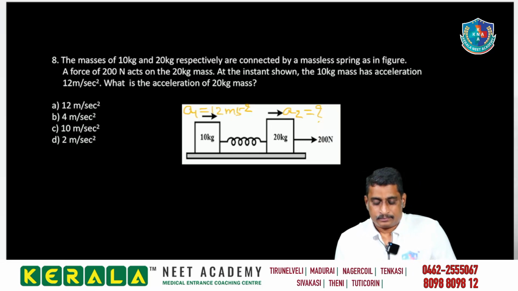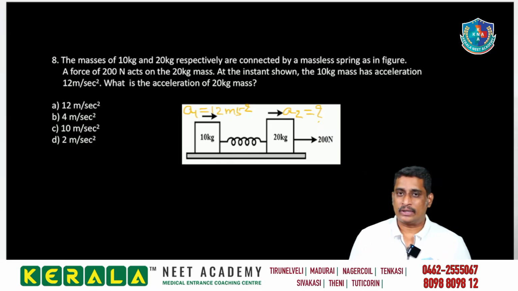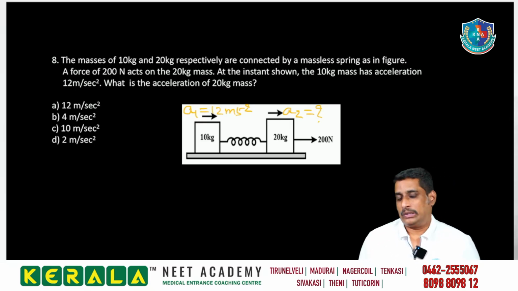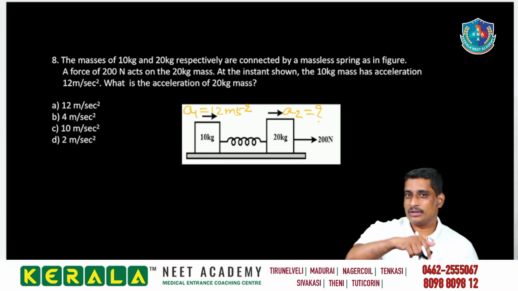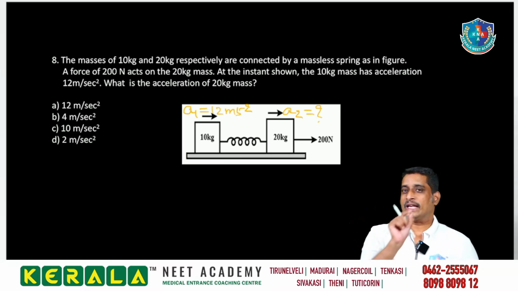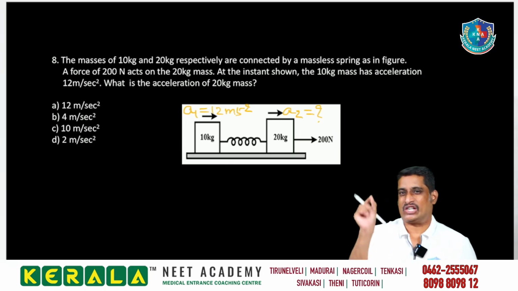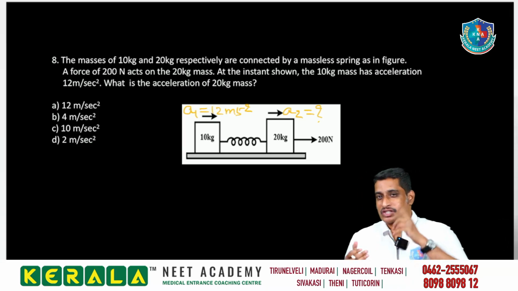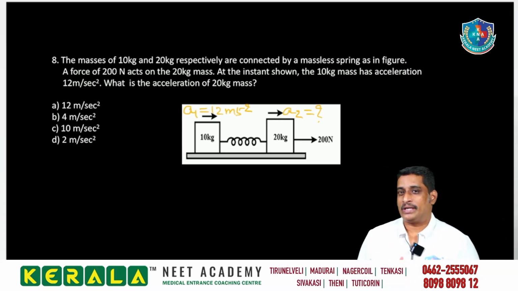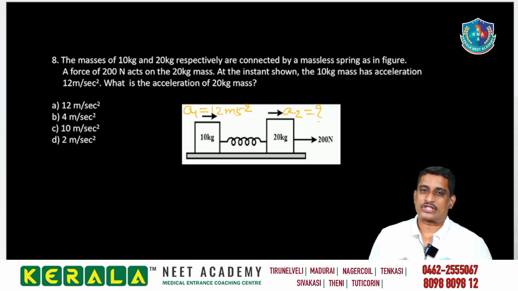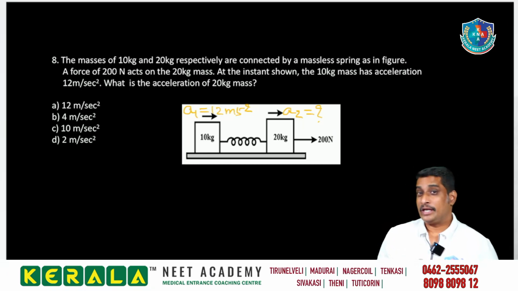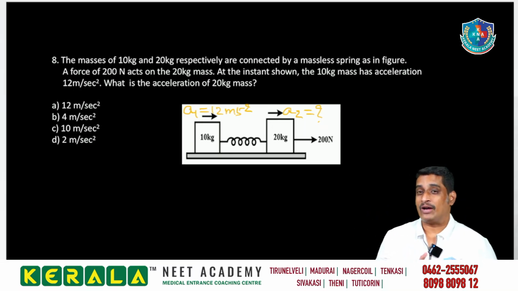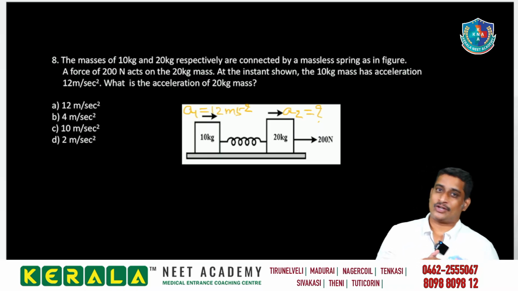Okay. Let me convey one important point relating to this particular example. Suppose in this example, if the 10 kg block and 20 kg block are connected by means of a massless and inextensible string, then in case of an inextensible string, one important property you might have practiced: if a string is inextensible, any number of blocks connected to that string will have the same amount of acceleration.